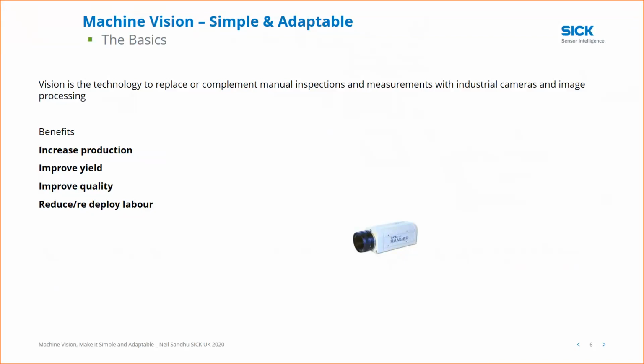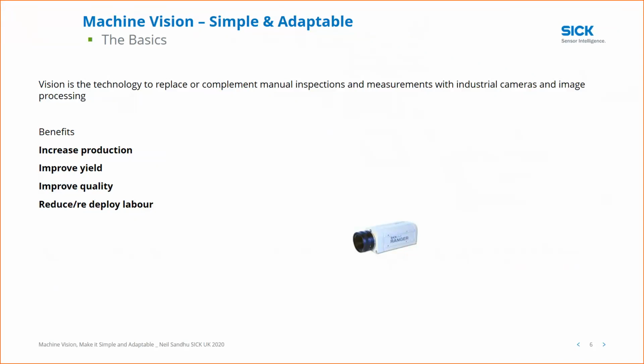We're all able to miss things from time to time, lose concentration, etc. Especially when looking at fast-moving produced goods. So the idea of machine vision is to complement the inspections and help increase production levels, yield, and quality, and obviously either redeploy or reduce labor in certain areas. So the automatic inspections are achieved.